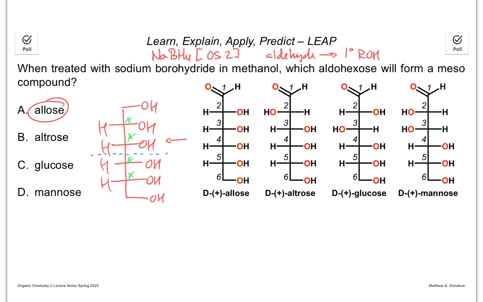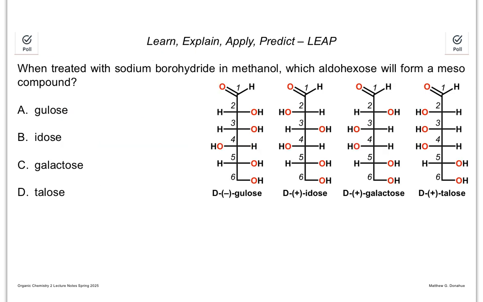That's 4 of the 8, so this is the other 4. Same reaction, sodium borohydride and methanol. Which one forms a meso compound? Galactose.